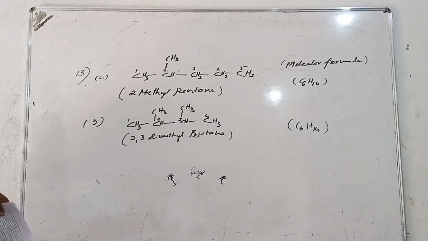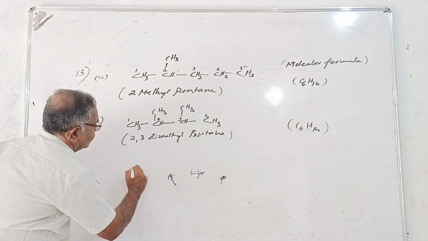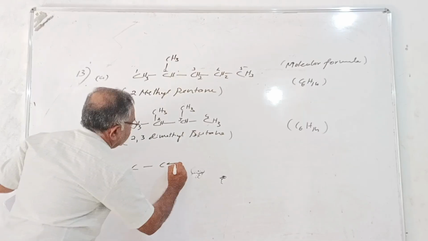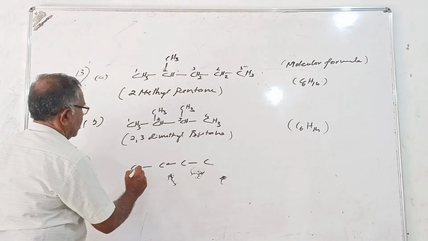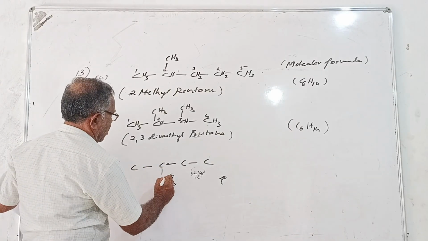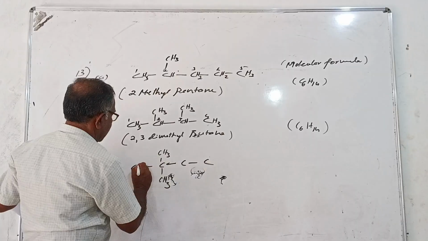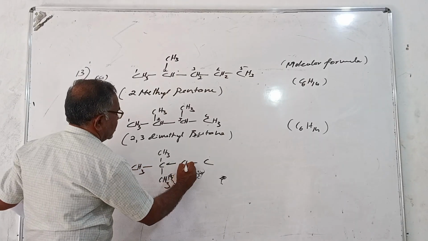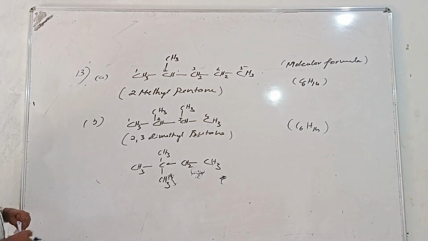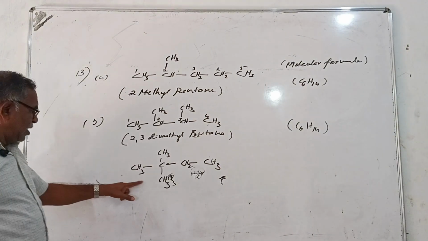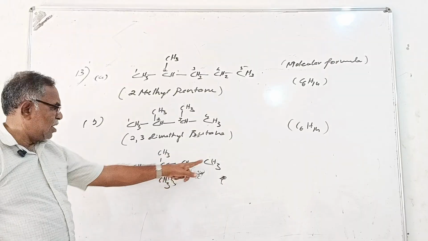Another compound we can write. So here again write the butane chain, 1. Here CH3, here CH3, here CH2, here CH3. Look, carbon 6, hydrogen 3, 6, 9, 11, 14.